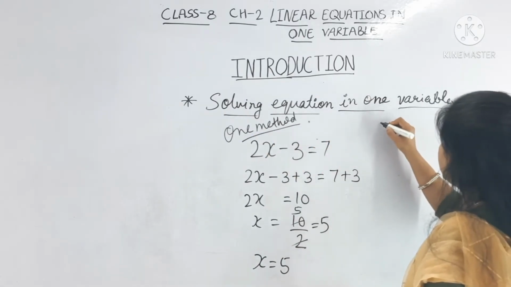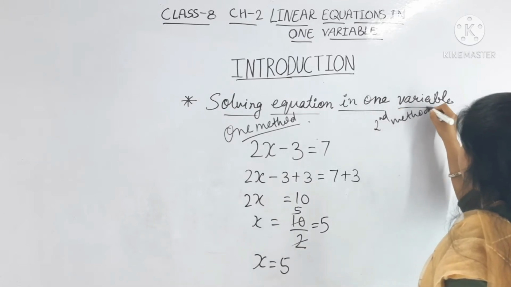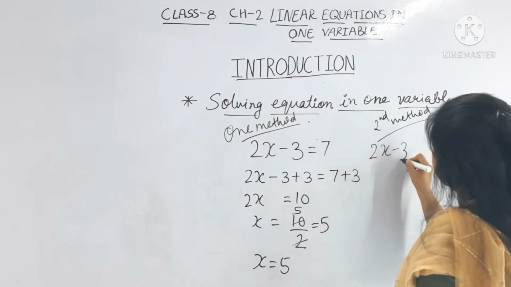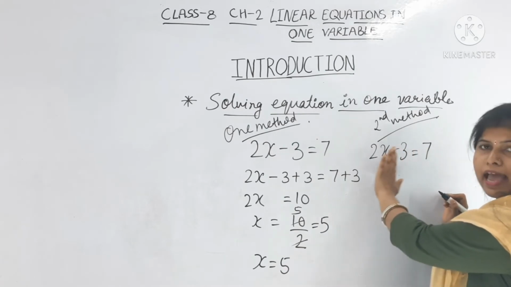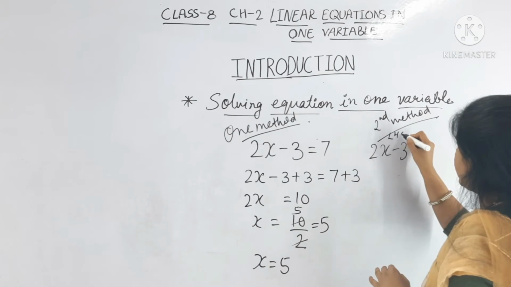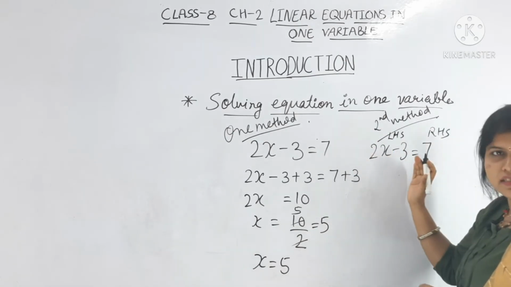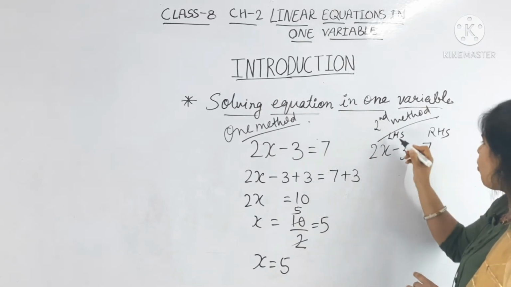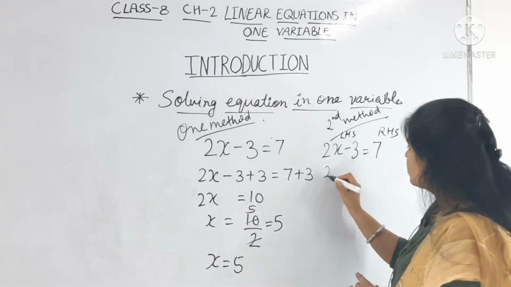There is another method, the second method. You can solve 2x minus 3 equal to 7 like this. This is the LHS and here is the RHS, the left hand side and the right hand side. If there is a minus sign and you take it to the right hand side, the sign will change.